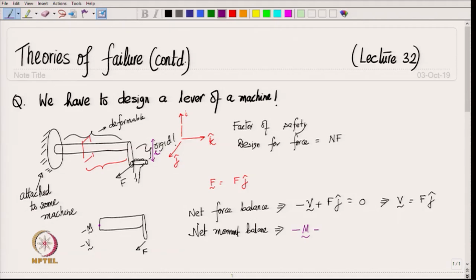So, we have plus the arm of the force F. So, that is (L minus x) k minus h i. So, that is the arm of the force. Cross product, the force itself F j.